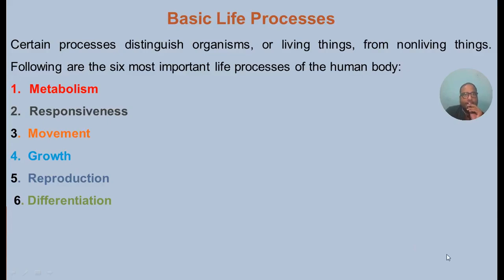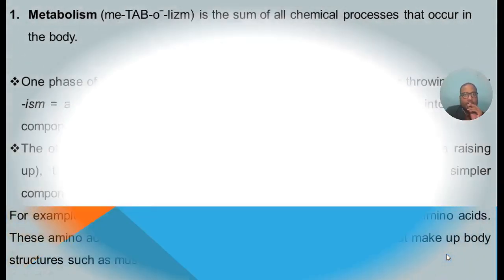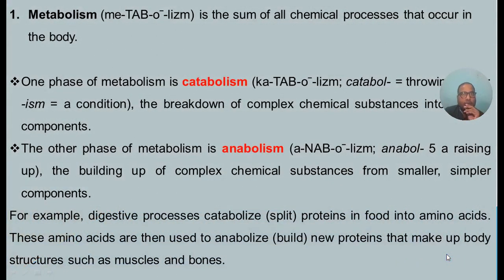So in the next slides, we are going to discuss one by one all the six processes, what they are, their examples, and any other details. So here, first one is the metabolism. It is the sum of all chemical processes that occur in the body.